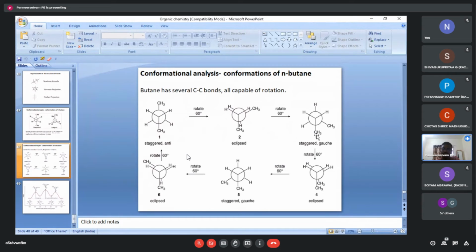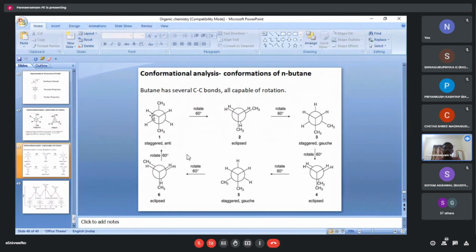This is reversible, right? 1, 3, 5, again 1. So what about 60, 60 rotation: 1, 2, 3, 4, 5, 6. See, what about 60 into 60 rotation?